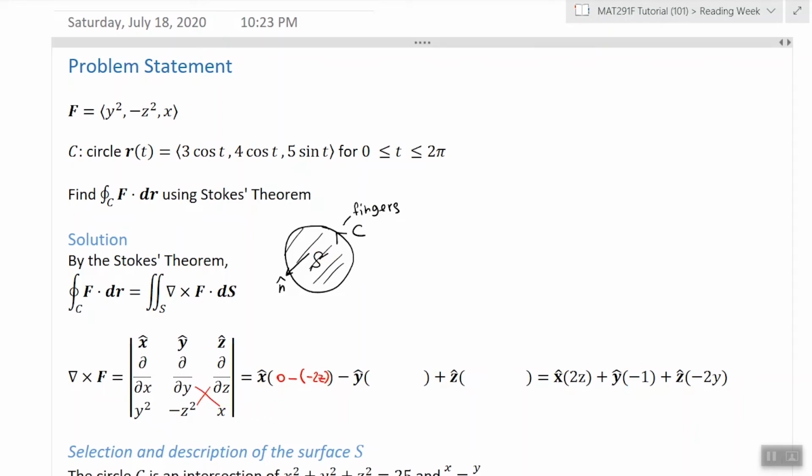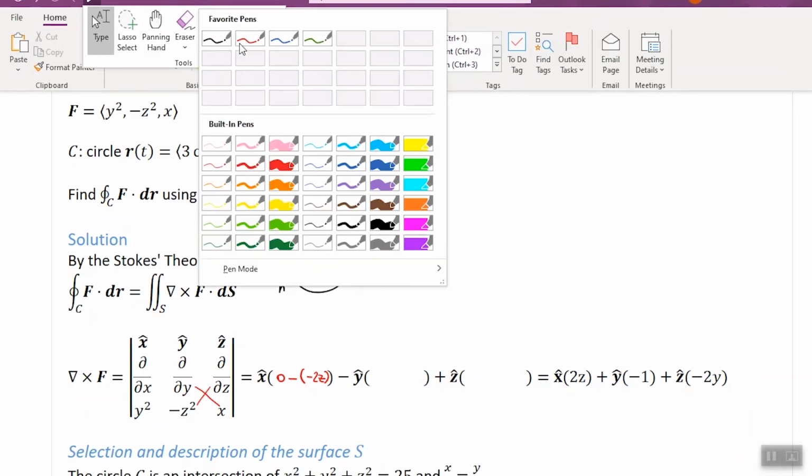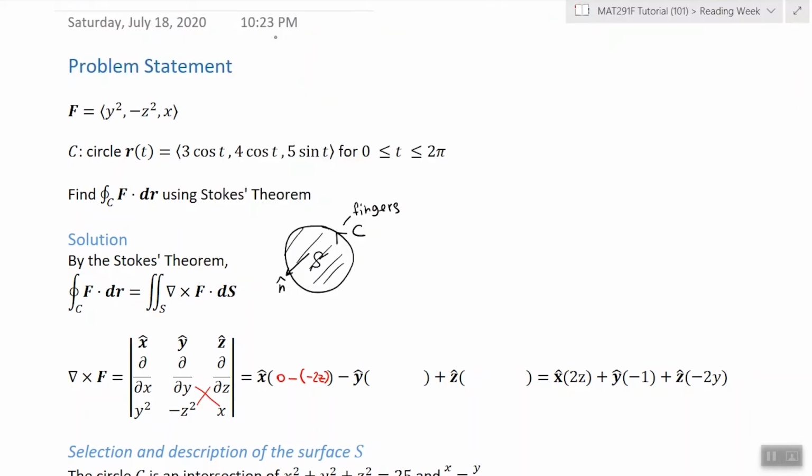For the y component, I already put the negative, so we get plus 1 minus 0.